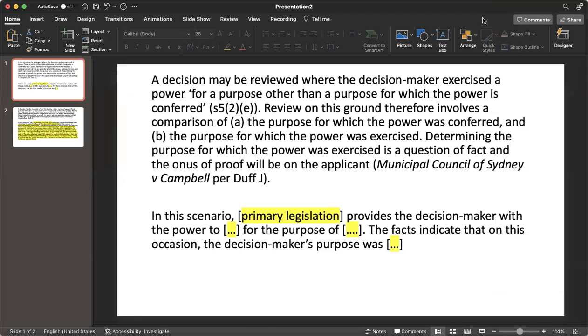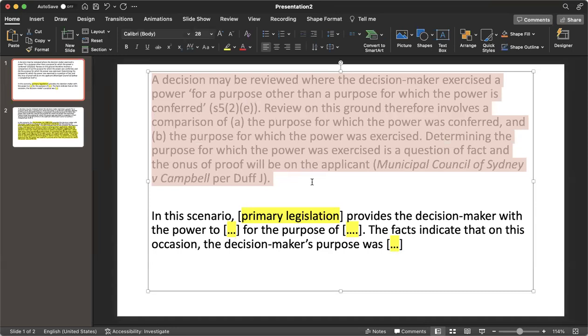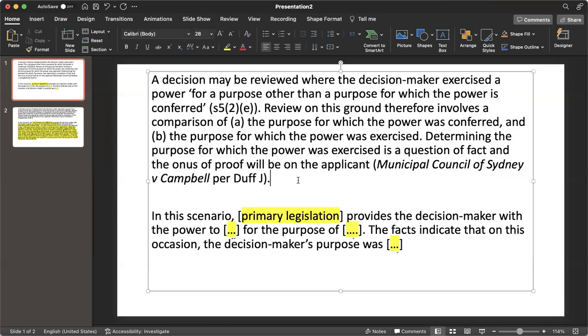Something that you could get yourself in a position to do is to have written up a script for yourself like this, where you have a paragraph that outlines, here's the basic set of rules and principles relating to this particular ground of review. And I've just done it like this because PowerPoint doesn't do footnotes, but in your notes, you would do this as properly footnoted, compliant with AGLC, and same with the cases and things like that. But talking through the different elements.